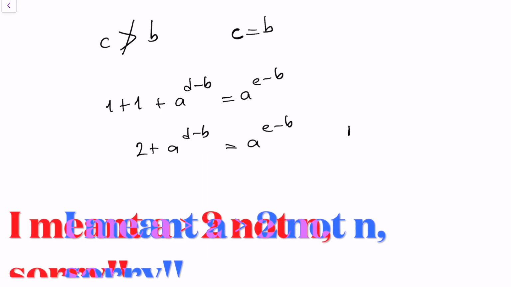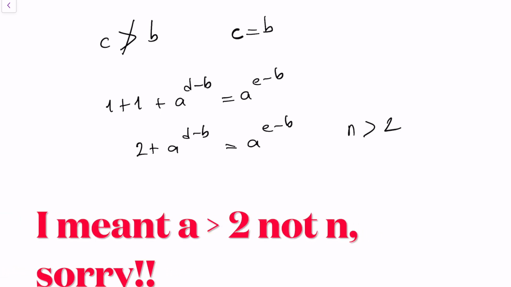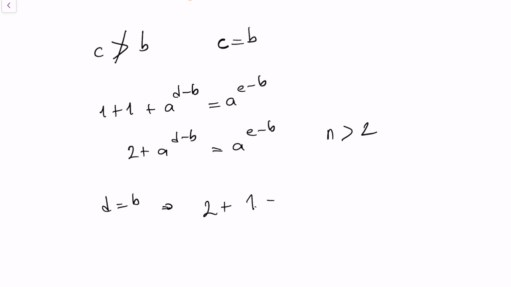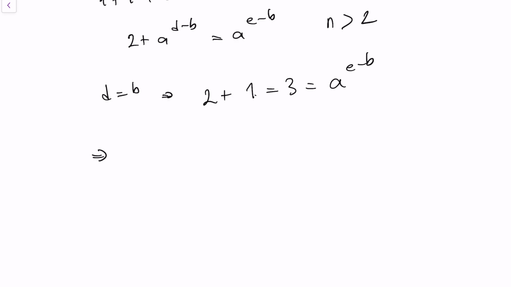Since n is greater than 2 here, because we said n is greater than or equal to 3, that implies we will only have a solution if d is equal to b, which means we have 2 + a^0, which is 1, that's equal to 3, which is equal to a^(e-b). So that implies a is equal to 3, and that implies e - b is equal to 1.